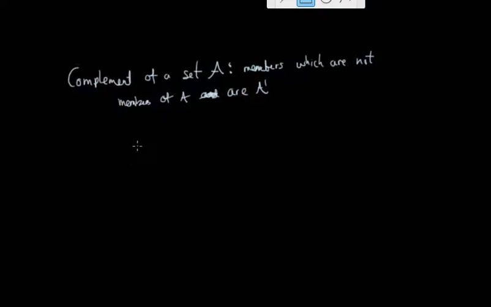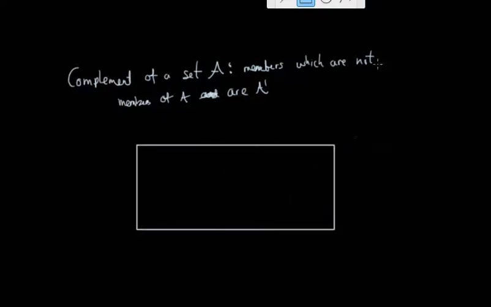So let's draw our universal set, and within our universal set we're going to have set A and we're going to have set B. Everything in here is a member of set A. So we're now going to think, what is the complement?